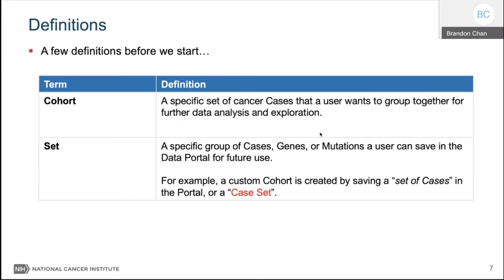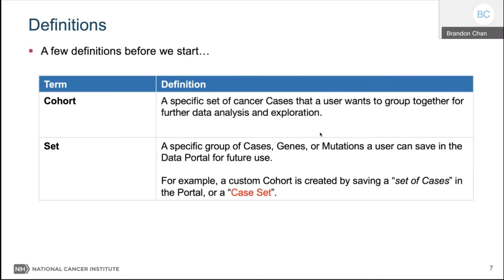And then two things that will come up quite often today. First is cohort, so that's the whole reason we are here today, to build and analyze a cohort. For the purposes of this presentation, a cohort is a specific set of cancer cases that a user wants to group together for further data analysis and exploration. And then a set. So what is a set? A set is basically a specific group of things that you can save in the portal for future use.